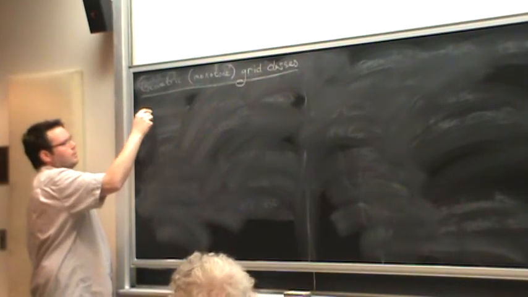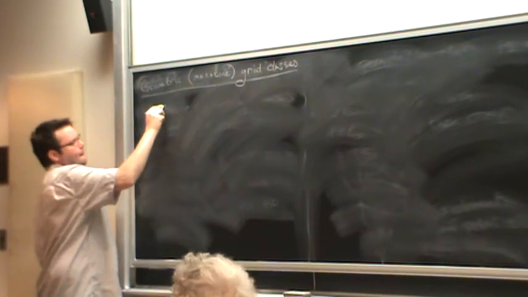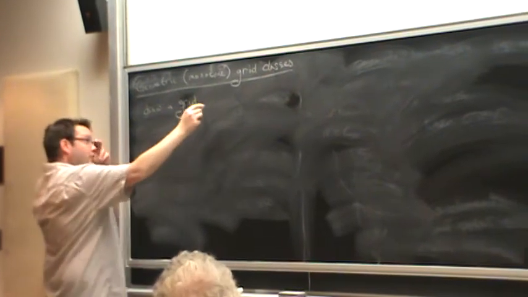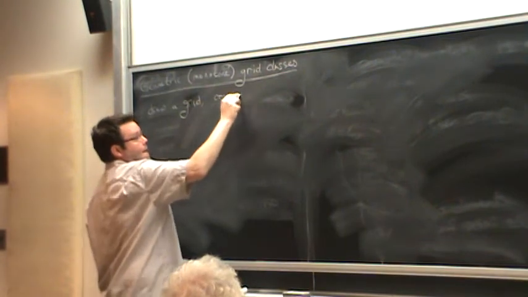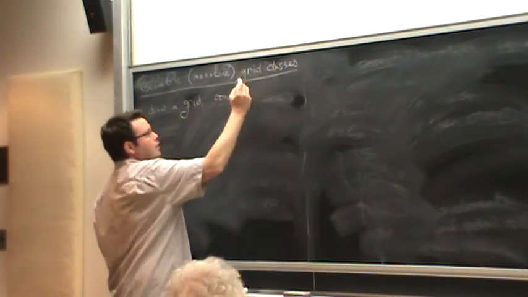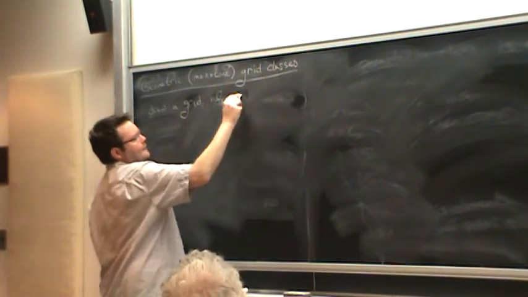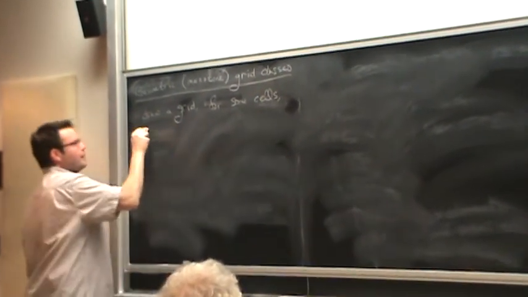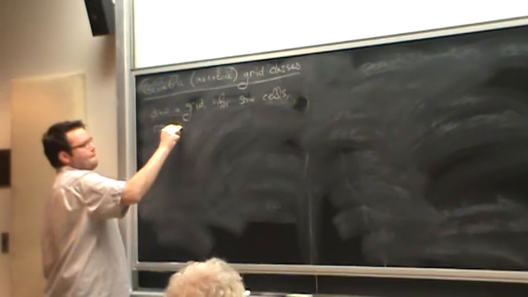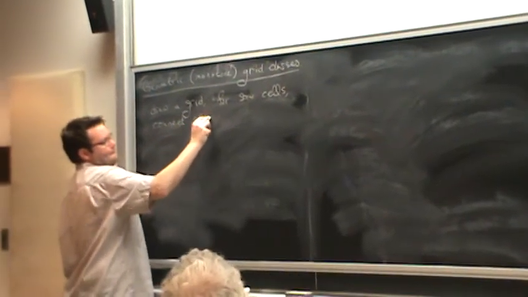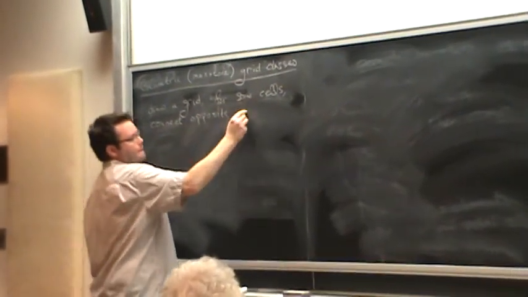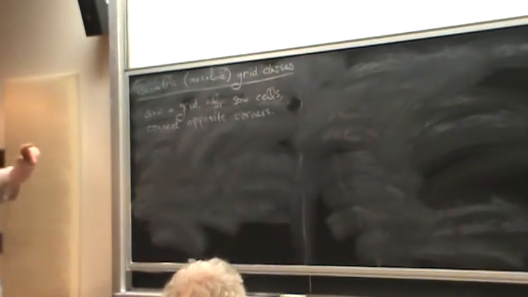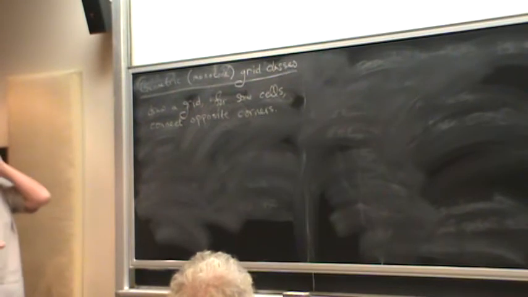First, we draw a grid, and we connect, well, for some of the cells, we connect opposite corners. So for instance, if we were trying to build an X, what would we do?